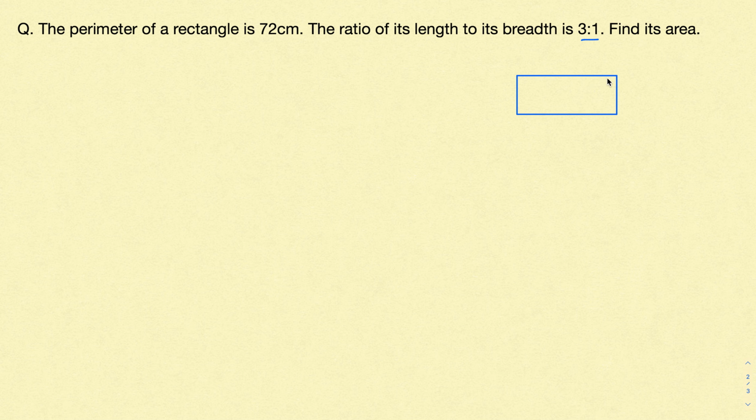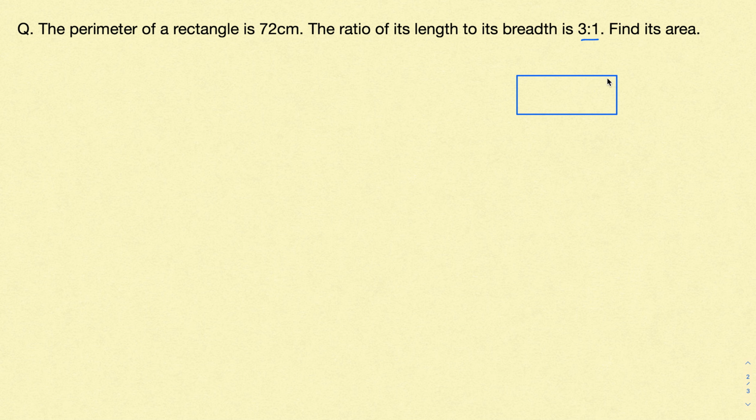Now what else do we have? We also know the perimeter of the rectangle, which is 72 cm. Now what is perimeter? Perimeter is the distance around a two-dimensional shape. In simple words, it is the total length of all the sides of a two-dimensional figure.